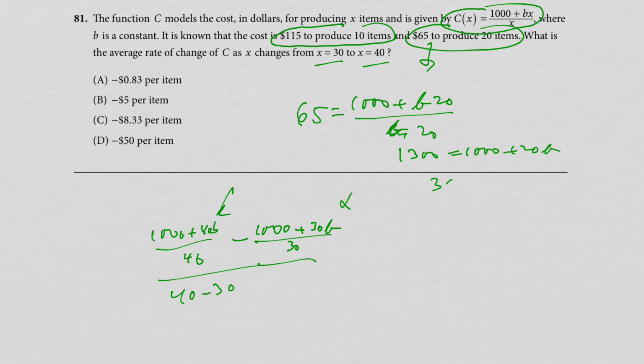Subtract, get 300 equals 20B, and B equals 15, and then I'm going to plug in 15 for all those B's. That's what I think you do. And when you run this all through a calculator, you get negative 0.83 repeating, which makes it seem like the answer must be choice A.